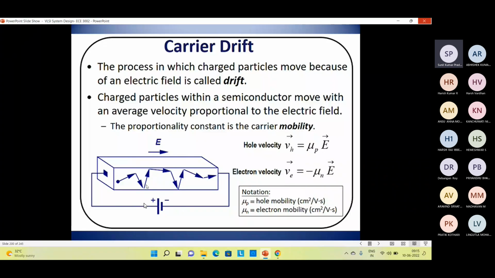So this is our drift velocity concept: when charged particles move under the application of an electric field, we call it drift velocity.